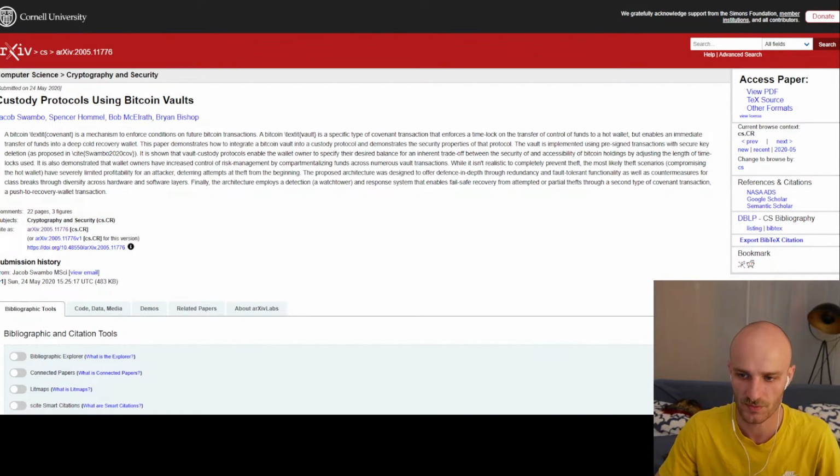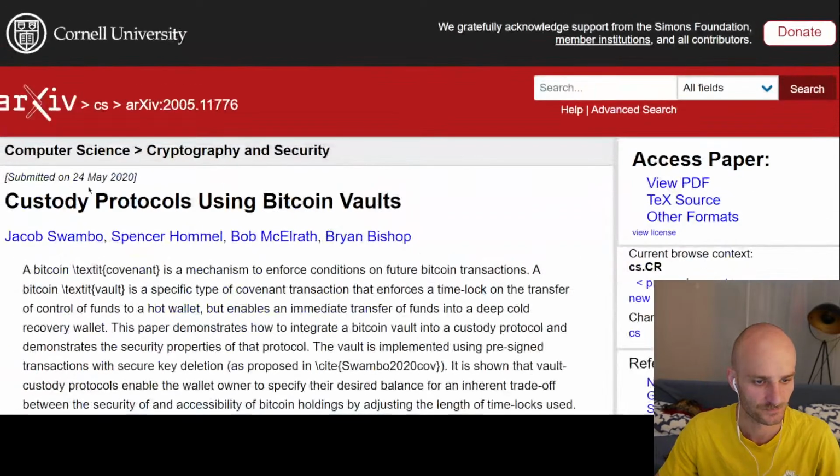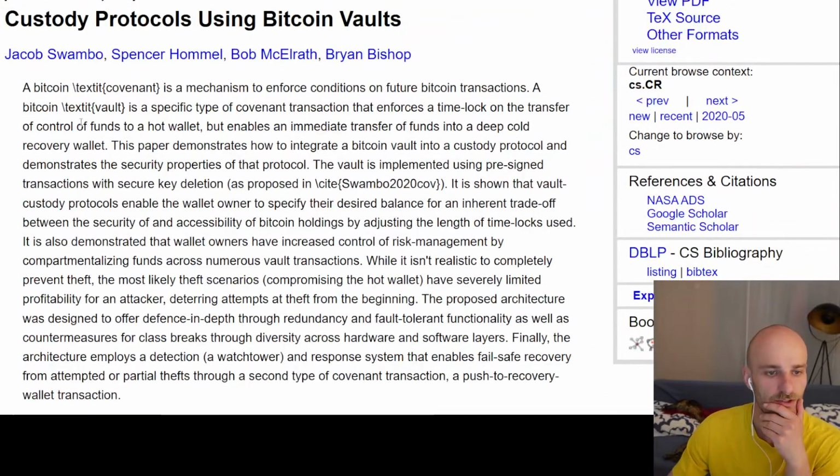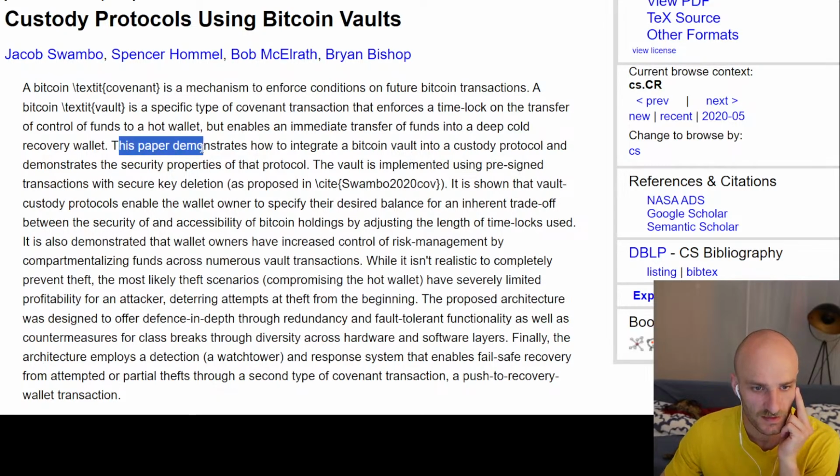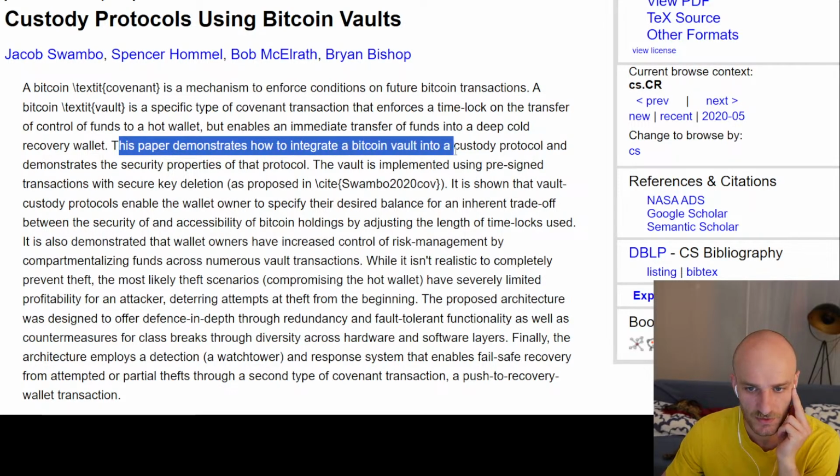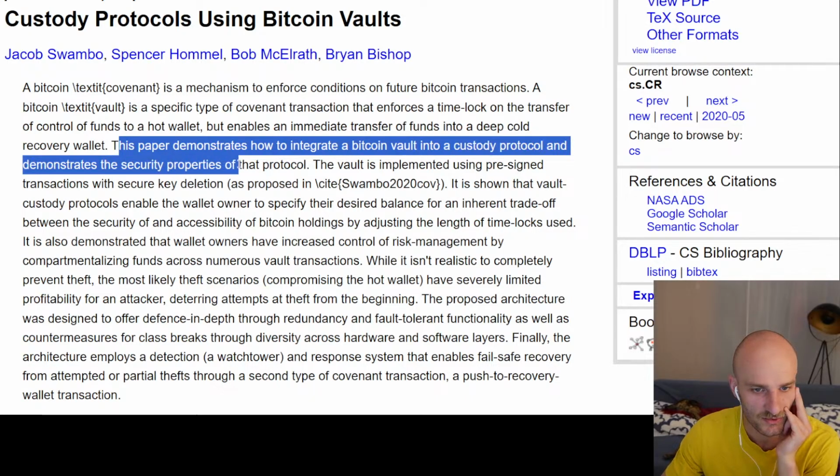Sorry, everything is so small. A Bitcoin covenant is a mechanism to enforce conditions on future Bitcoin transactions. This paper demonstrates how to integrate a Bitcoin vault into a custody protocol and demonstrate the security properties of the protocol. Wow.